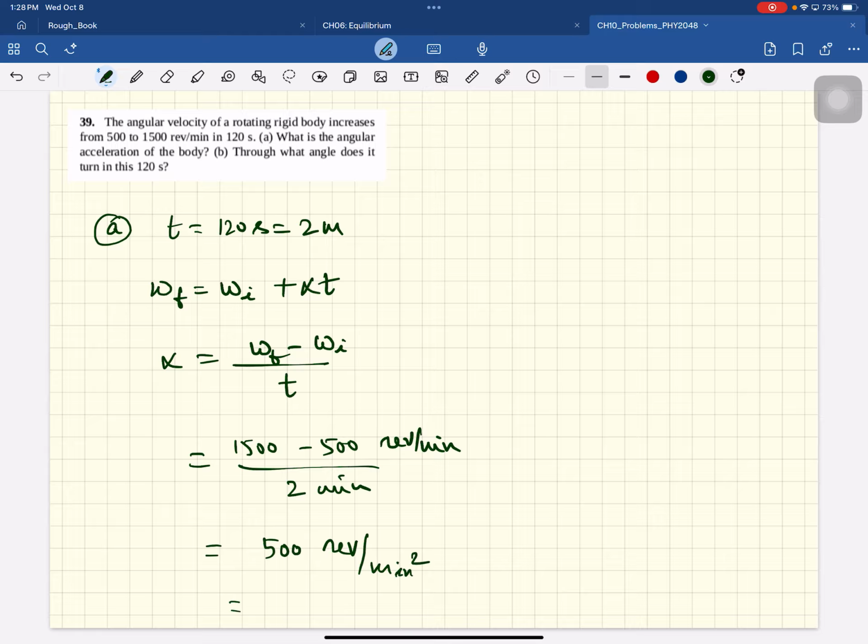Okay. And if you wanted to convert this to radians, each revolution has 2 pi radians, and 1 minute is 60 seconds. So minute squared would be 3,600 seconds. So 2 times 3.14 divided by 3,600 times 500.